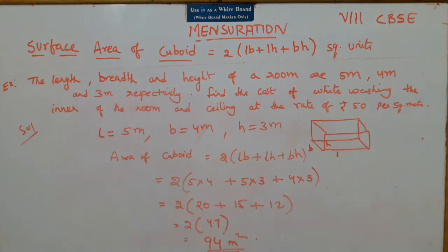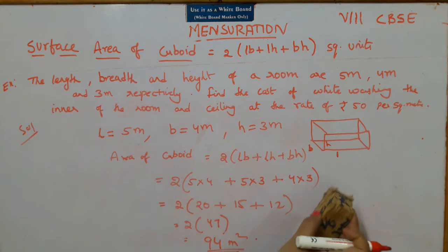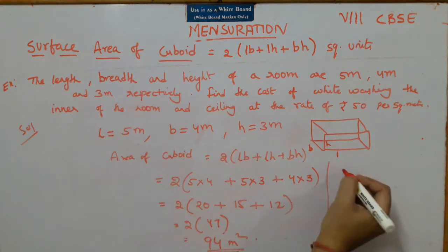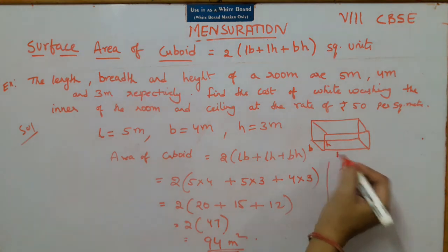But here in whitewashing we need not whitewash the floor. So we have to subtract the surface area of the floor from the total surface area of the cuboid. So first we have to find out the area of the floor. Area of the floor is nothing but the length into breadth.